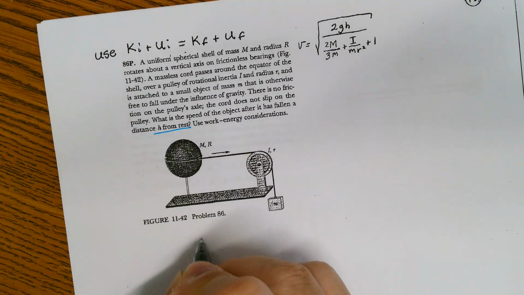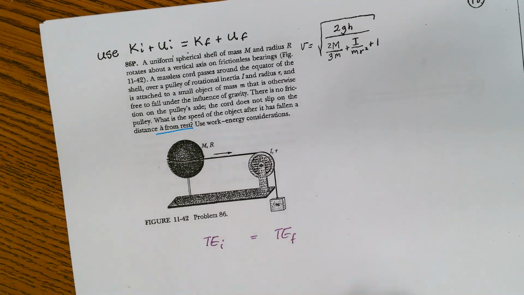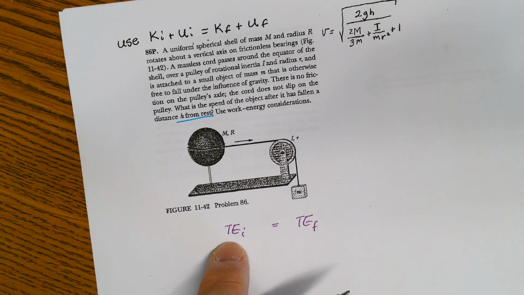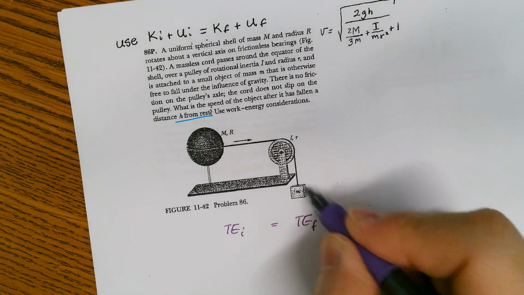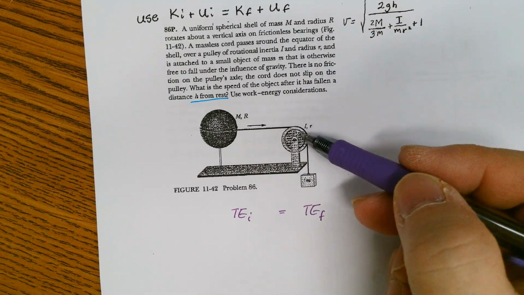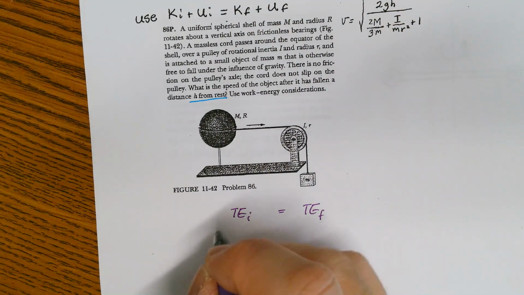So we could start out with, again, total energy initial is equal to total energy final. There's only one energy, and that is the potential energy of gravitation for this hanging mass. There's no kinetic energy for this, there's no kinetic energy for this, there's no kinetic energy for that initially, because it starts from rest.